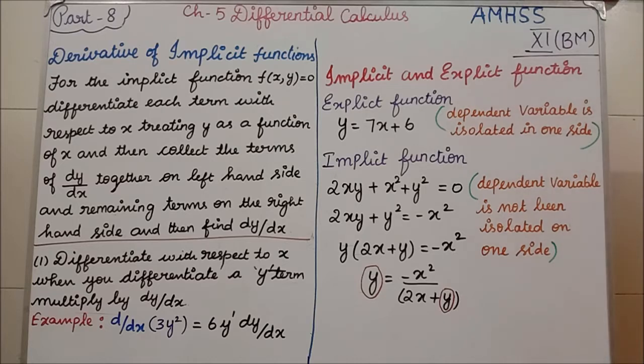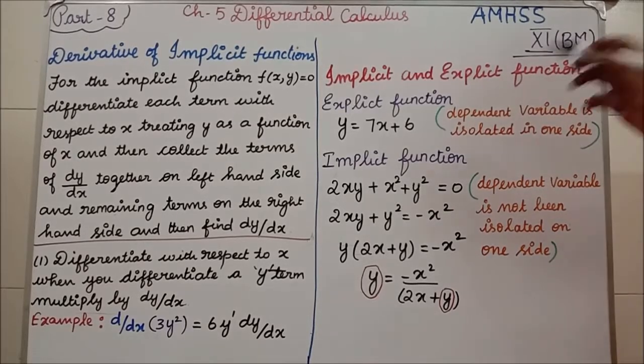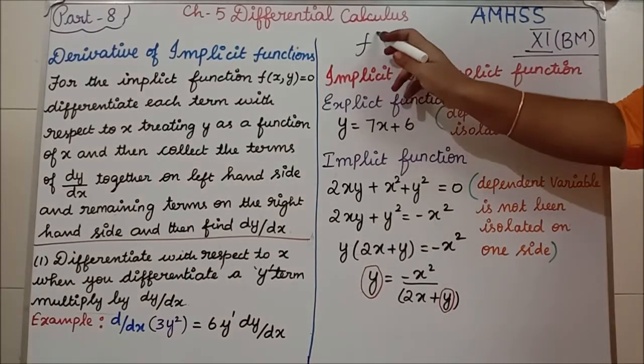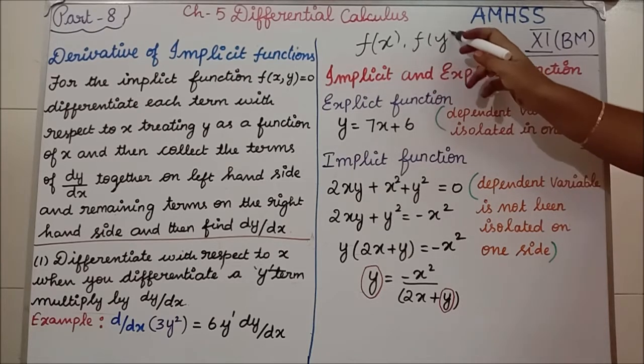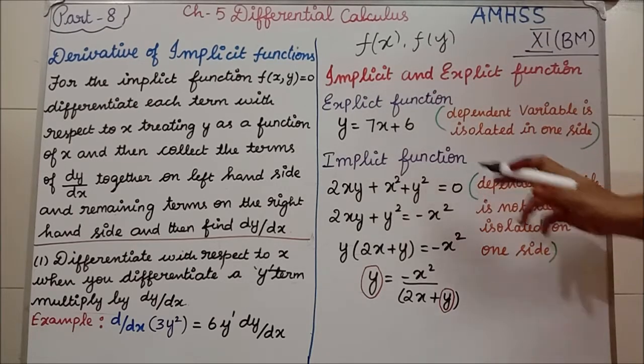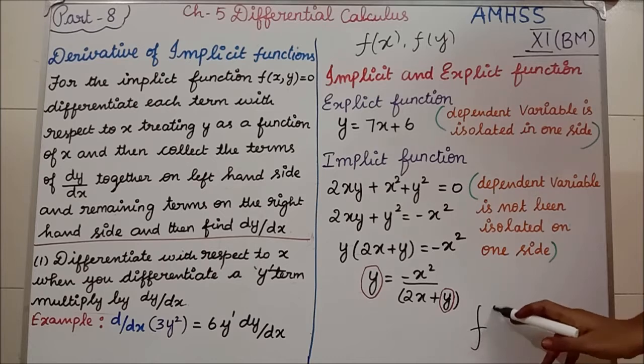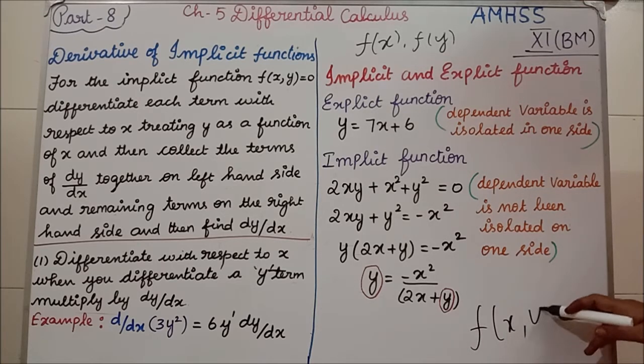So far, in exercises 5.1 to 5.5, we have learned only about explicit functions. They will give you either f of x or f of y. But for an implicit function, the function will be in both x comma y.